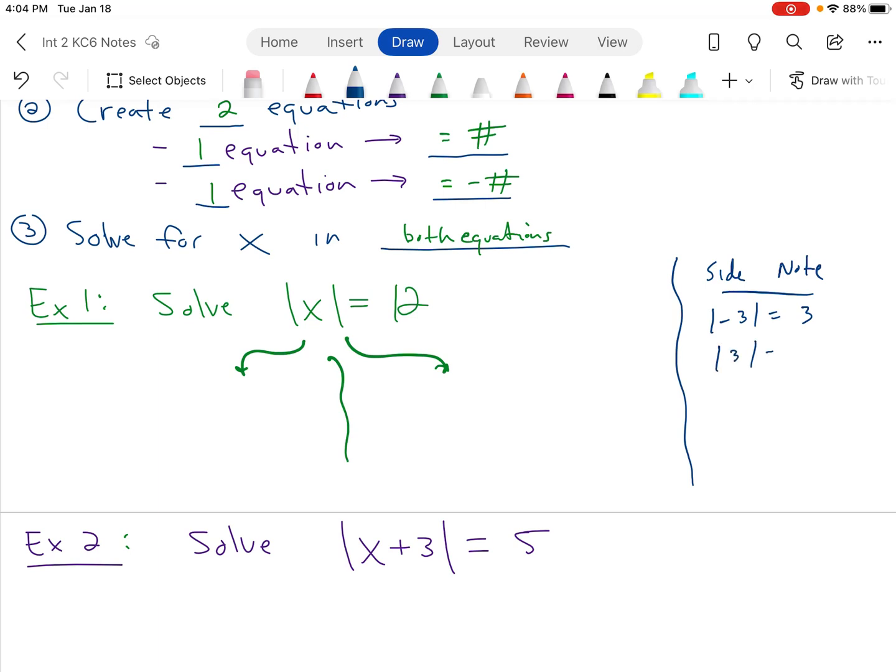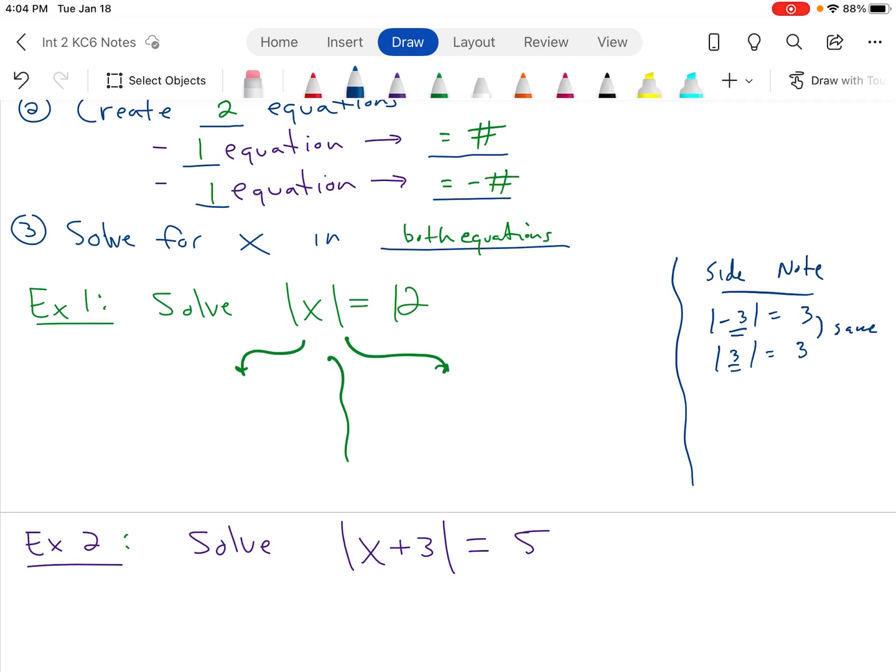Now the absolute value of a positive 3 is also equal to 3. So these are the same. But I have two possibilities that I can plug into x to give me that same answer. This is why we need to separate them into two different equations.